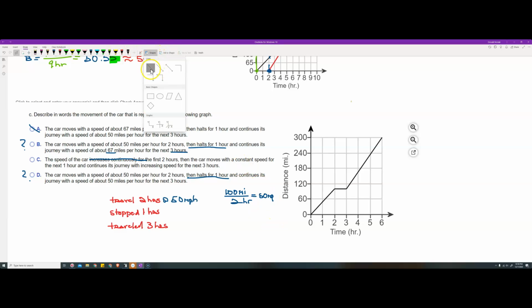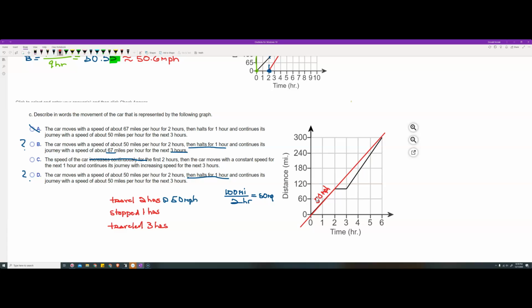If I take this line and get its slope, line it up with the first line, so from that, I know the slope of this first line we said was about 50 miles per hour.